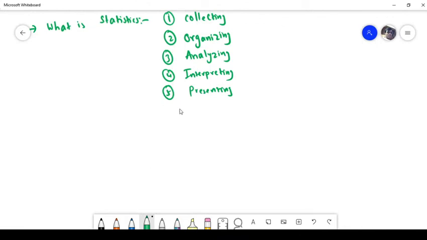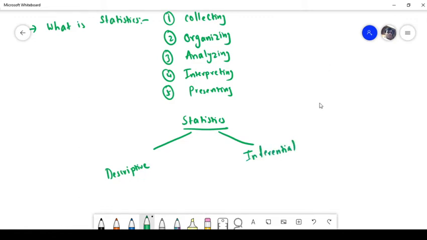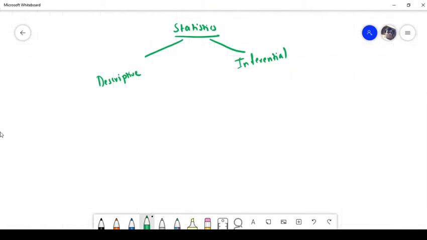Based on the definition above, statistics is classified into two different types. One is descriptive statistics and another one is inferential statistics. What do we mean by descriptive statistics?